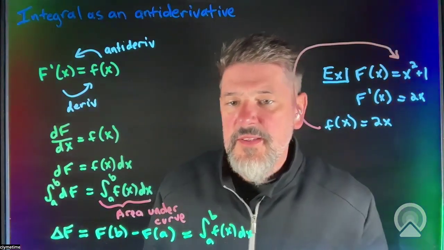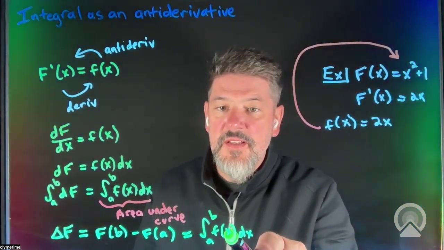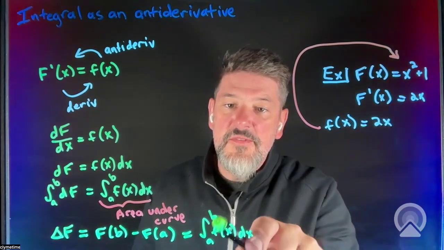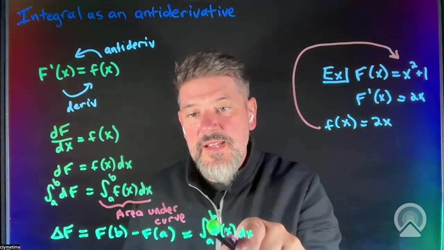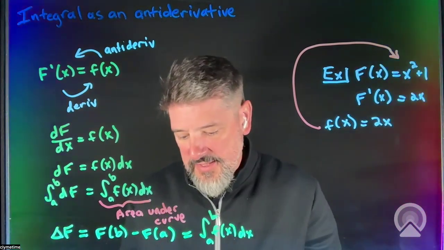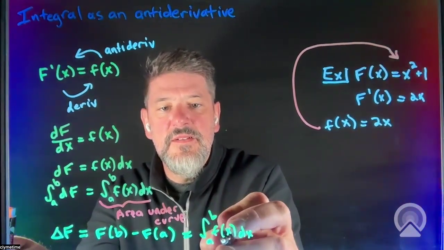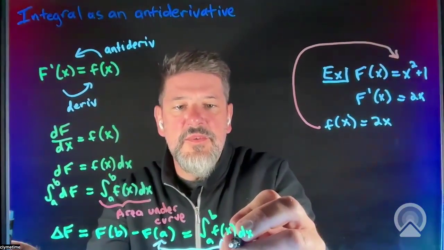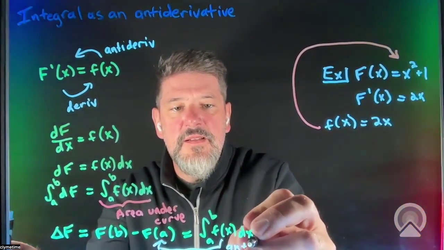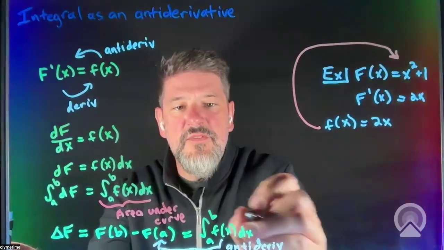So what I want to point out is that when you take the integral of a function, we can find the area underneath the curve from A to B. That's one thing we can do. But another thing you can do is find the antiderivative, because capital F is the antiderivative. So to get from here to here is an antiderivative. So there are two ways to evaluate this.